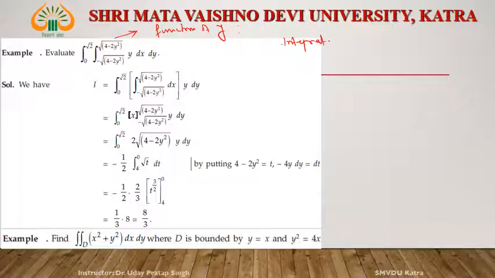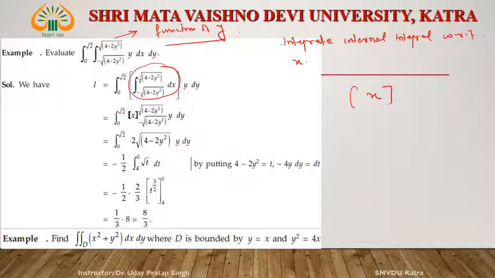Integrate the internal integral with respect to x. Since it is a function of y, evaluate it with respect to x. The limit of the external integral is 0 to root 2, and evaluate this one. Integral of this is x, and what is the limit?